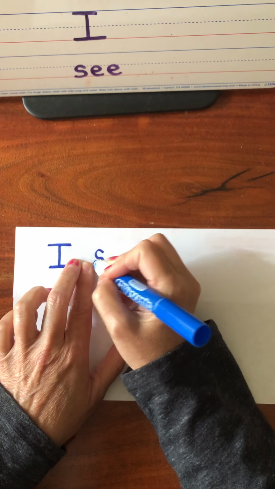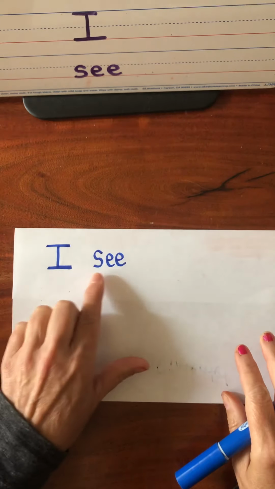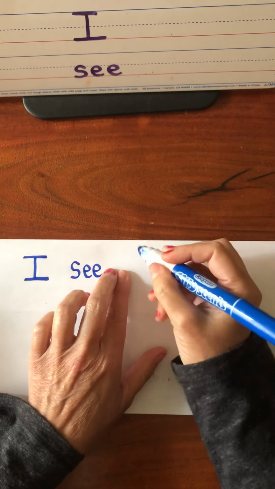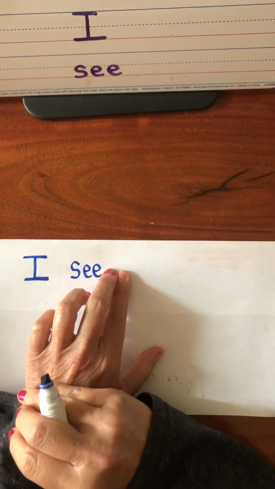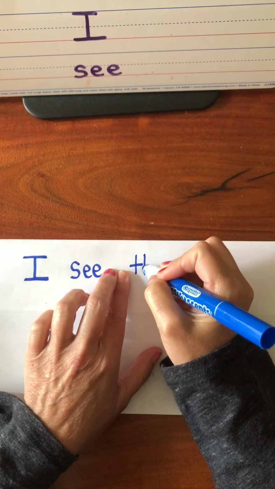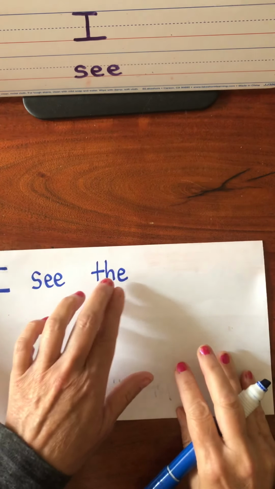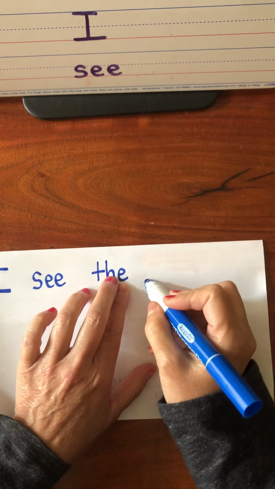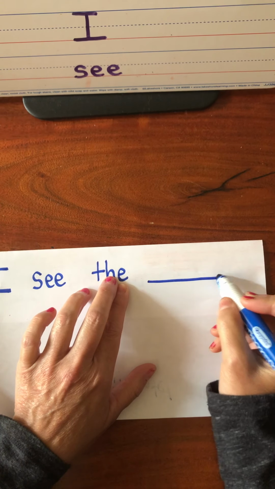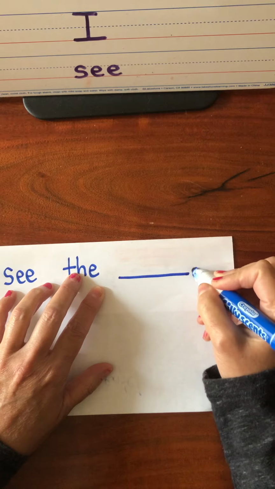Double finger space. I see, S-E-E. I see the. How do I spell the? Oh, T-H-E. I see the, and then give yourself a space to put your item, and then a period at the end of that.